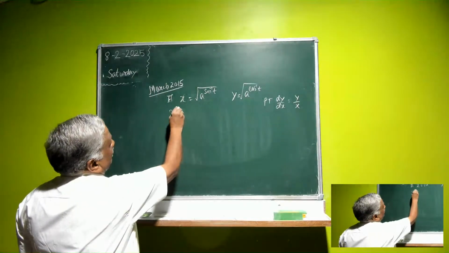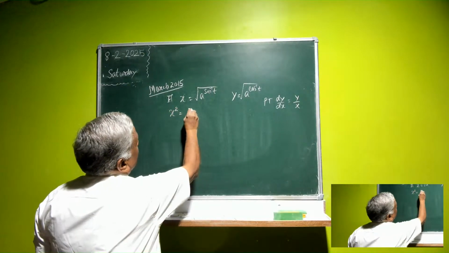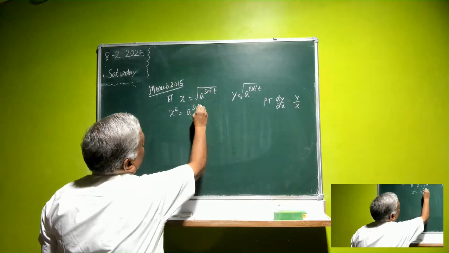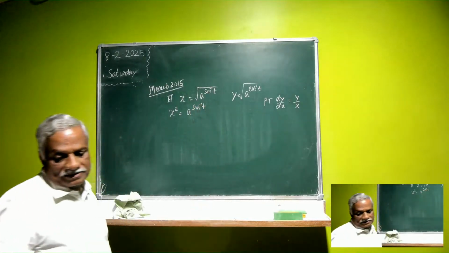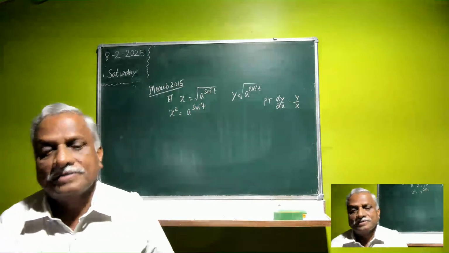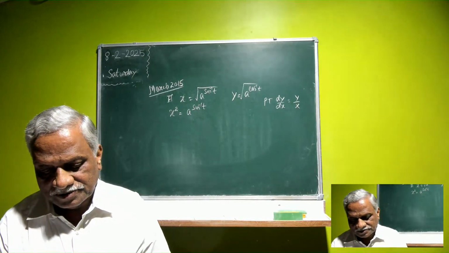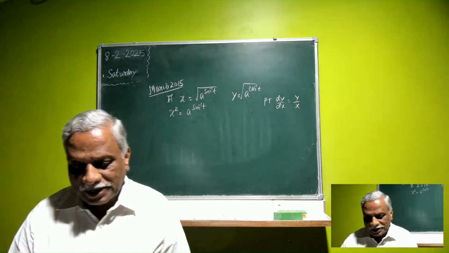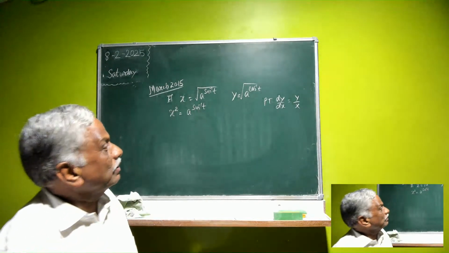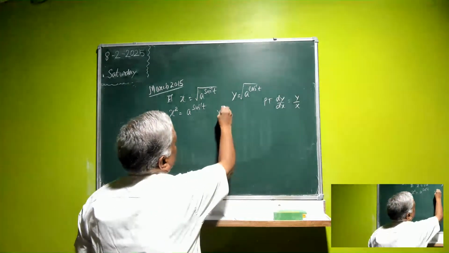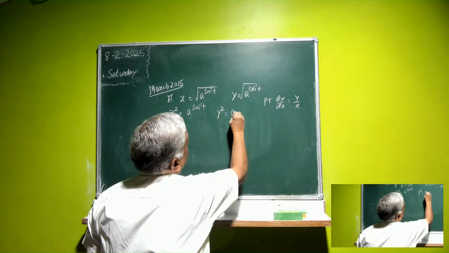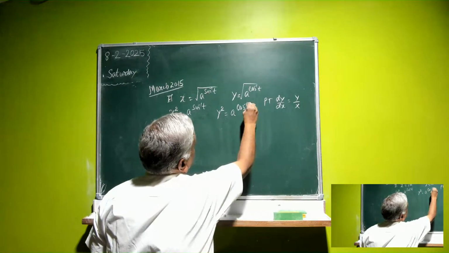X square is equal to a to the power of sine inverse t. Now what about y square? Y square is also equal to a to the power of cos inverse t.